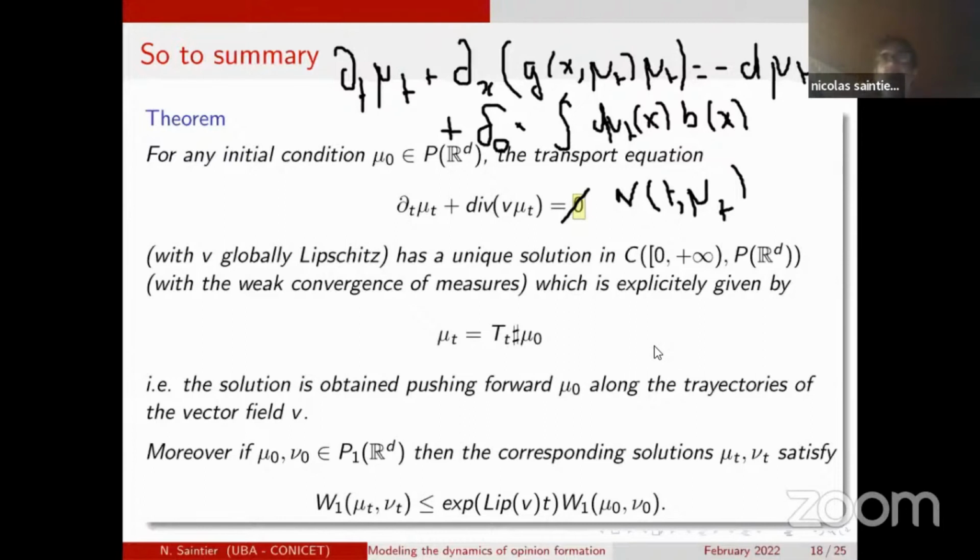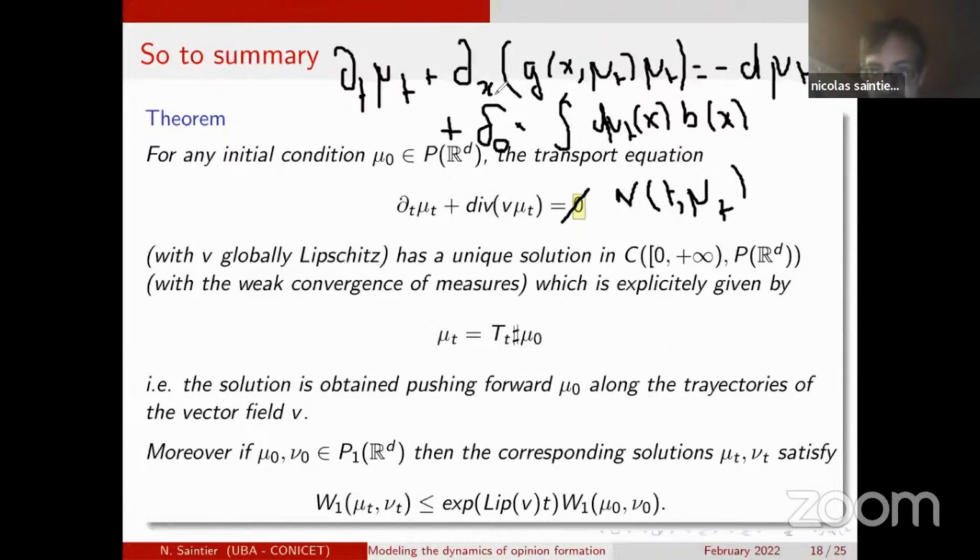And you can do that, but the functional framework is a little more involved, a little more tedious. But there is a lot of work you can do around this kind of equation, which is meaningful from a modeling point of view, right?